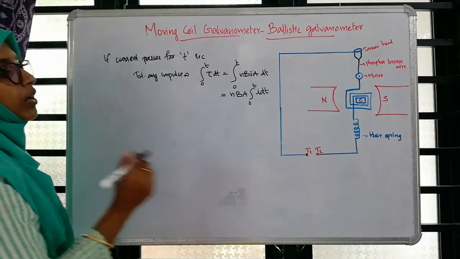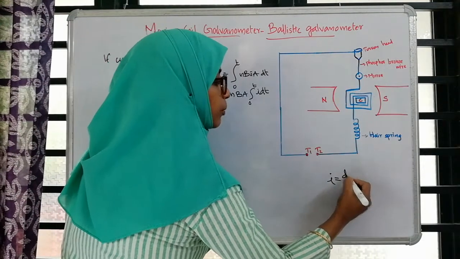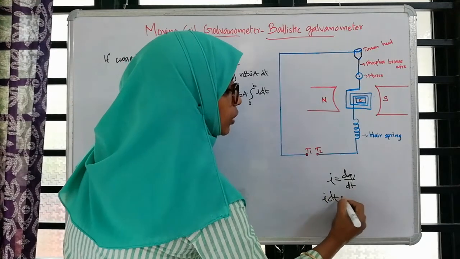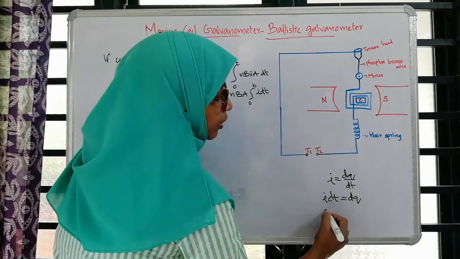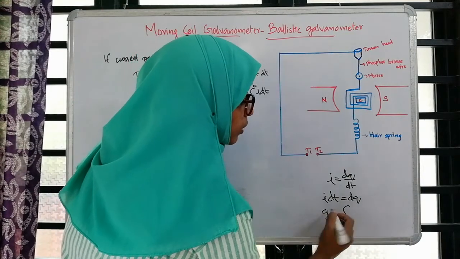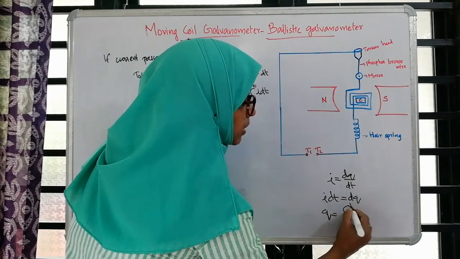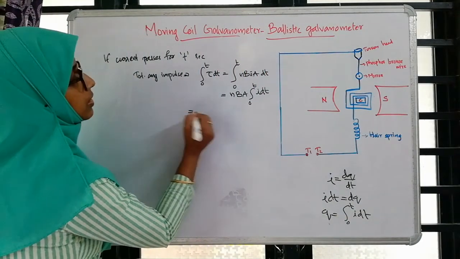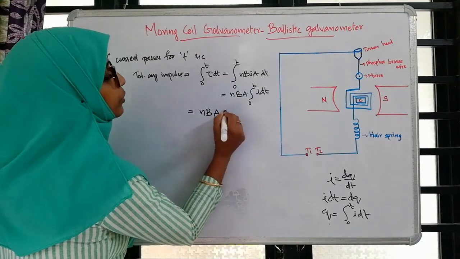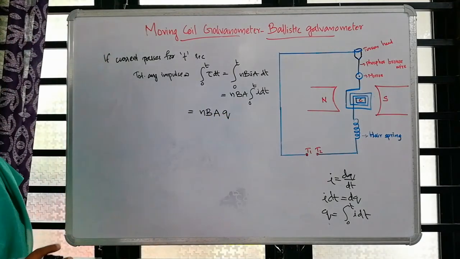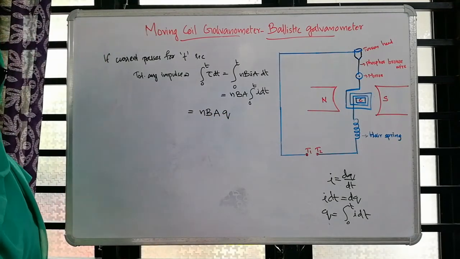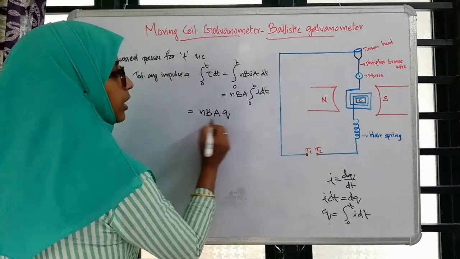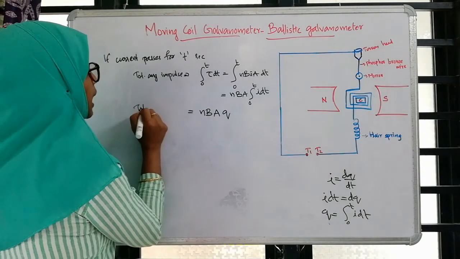We know I is equal to dq by dt, so I dt is equal to dq, and Q is equal to the integral from 0 to t of I dt. So we can replace it: the total impulse is equal to NBA into Q, where Q is the total charge passing through the coil. That is the total angular impulse.